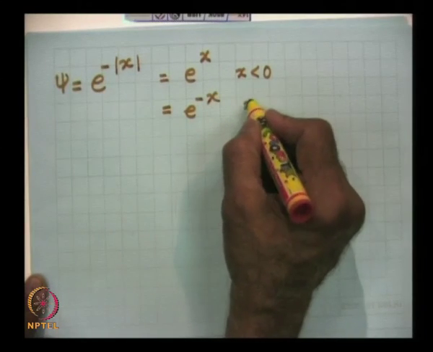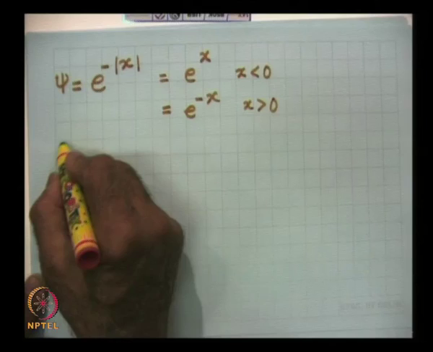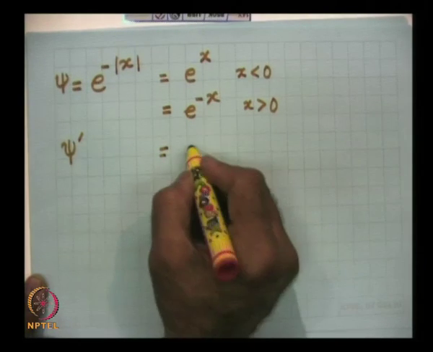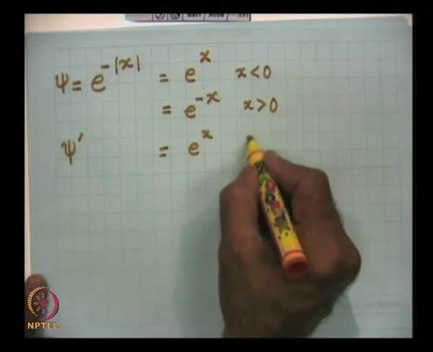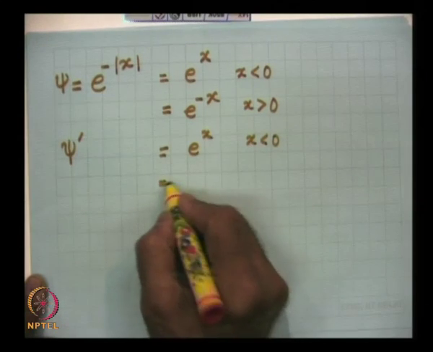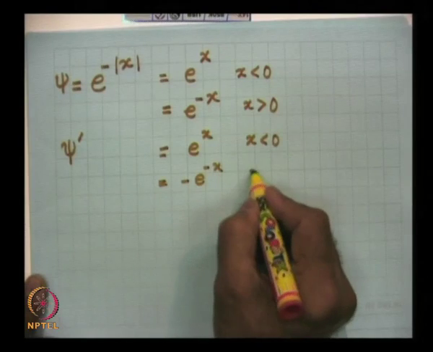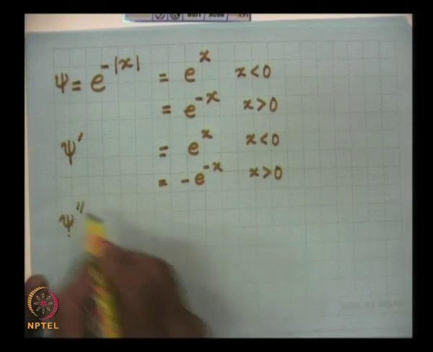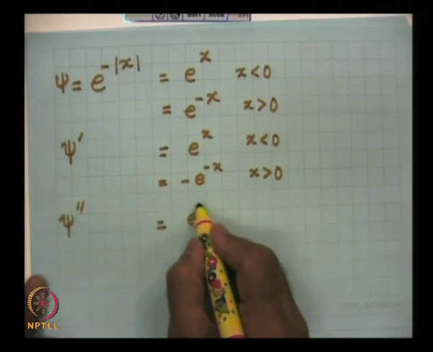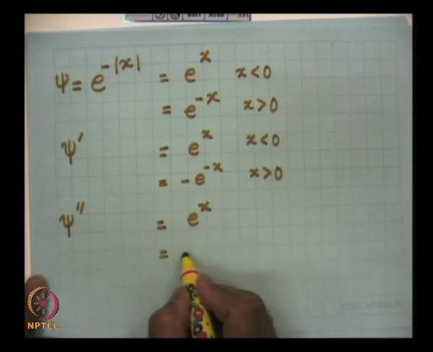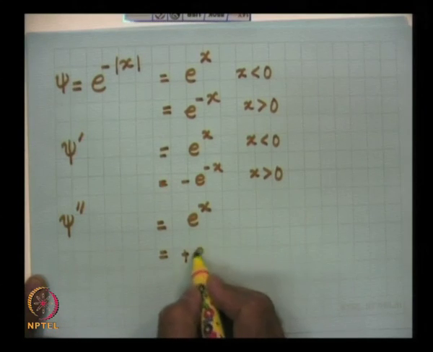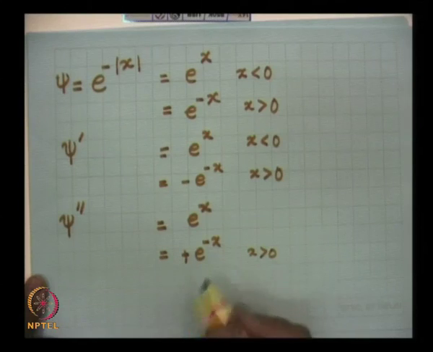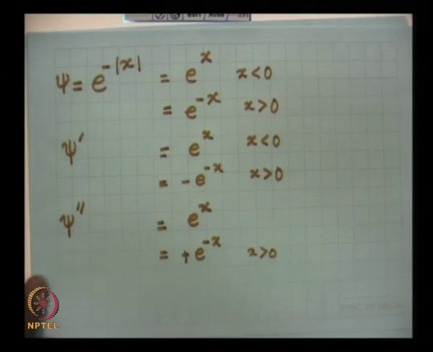If you take the derivative psi prime, this is e to the power of x for x less than 0 and minus e to the power of minus x for x greater than 0. And if you keep on naively differentiating this, it will become e to the power of x and plus e to the power of minus x for x greater than 0. So, you will find that this is e to the power of minus mod x. So, psi double prime is equal to psi.